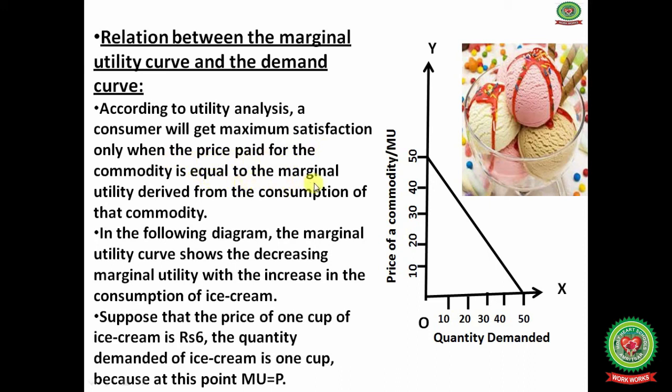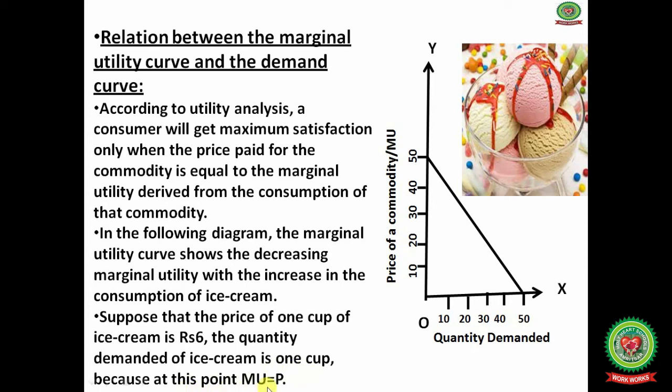Relationship between marginal utility curve and the demand curve. According to utility analysis, a consumer will get maximum satisfaction only when the price paid for the commodity equals the marginal utility derived from the consumption of that commodity.